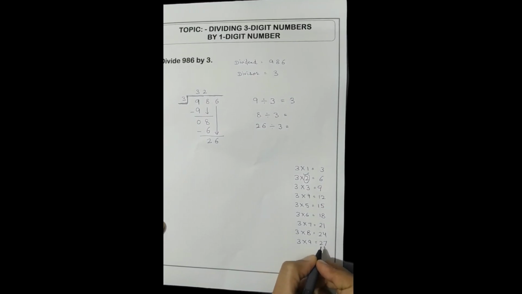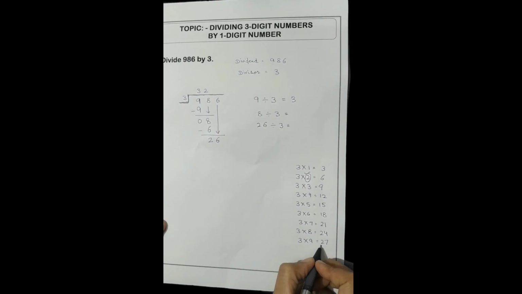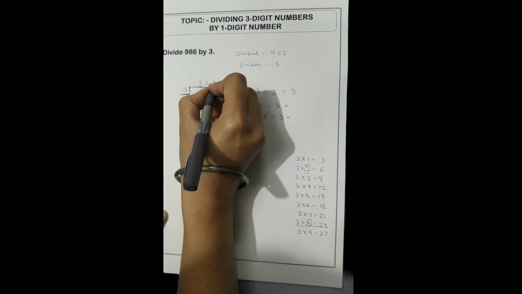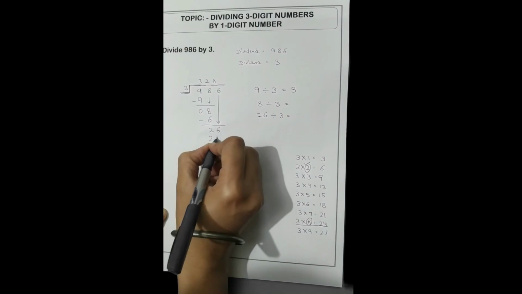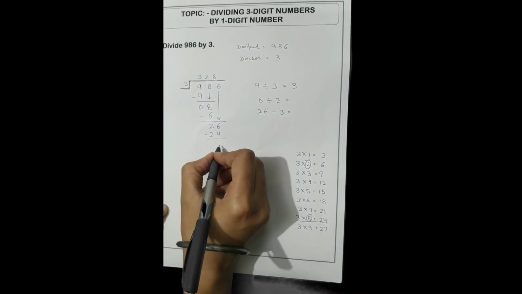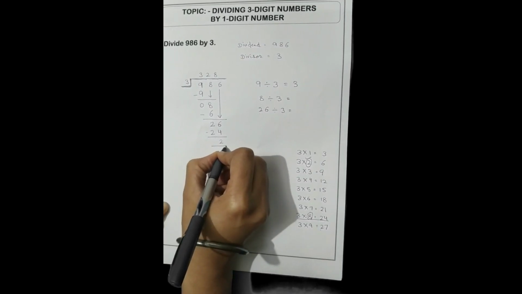Now here you can see easily that 27 is greater than 26. So we take 3 8s are 24 and 8 as a quotient here and write here 24. Now subtract it. 6 minus 4, 2. We get 2 as a remainder.